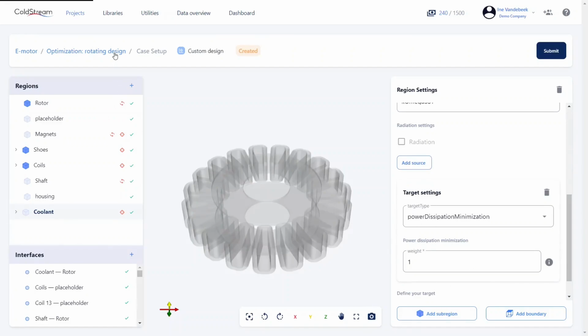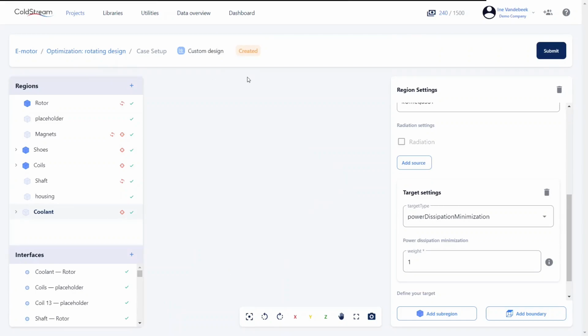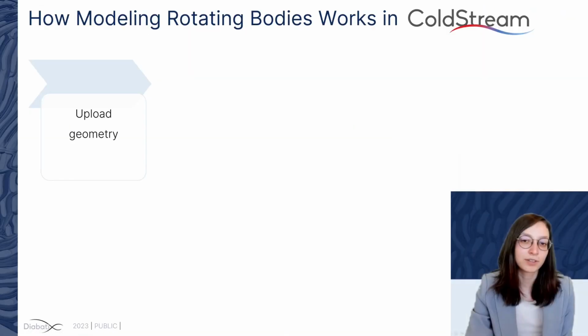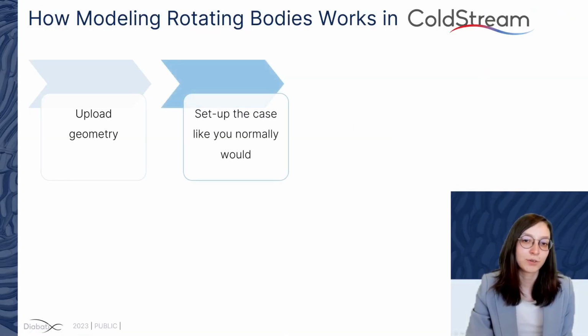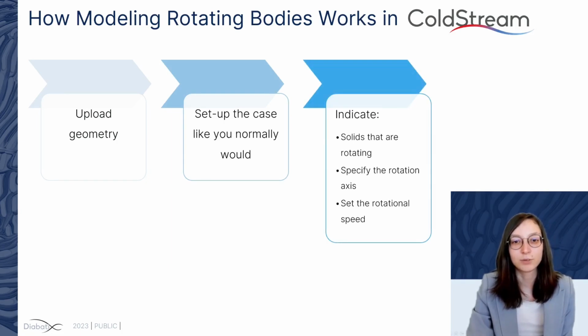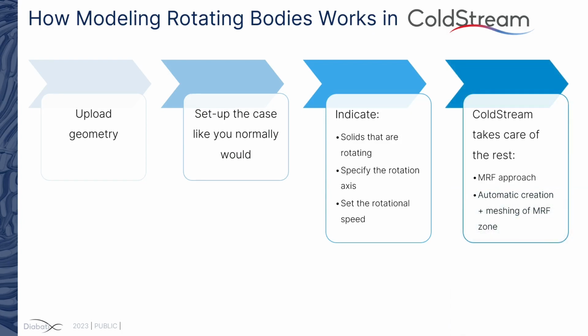We have seen that rotation is accounted for with additional forces, but as explained, this requires the creation of an MRF zone or a rotating zone. To create a rotating zone, a small volumetric zone of mesh cells around the rotating body is defined. This zone includes the rotating parts and extends to upstream and downstream sections where a relatively uniform flow field exists.